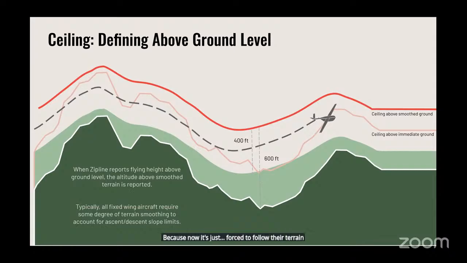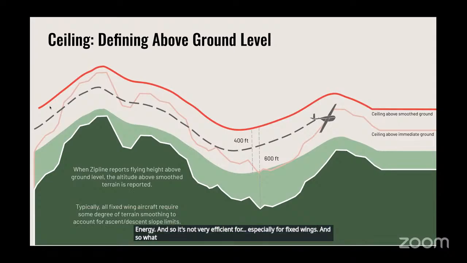So if the terrain is very hilly, then you imagine it goes up to follow the terrain, goes down, goes up, goes down. And the more you are doing these up and down turns, you are losing energy. And so it's not very efficient, especially for fixed wings.